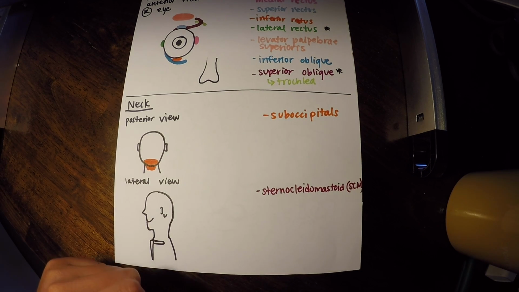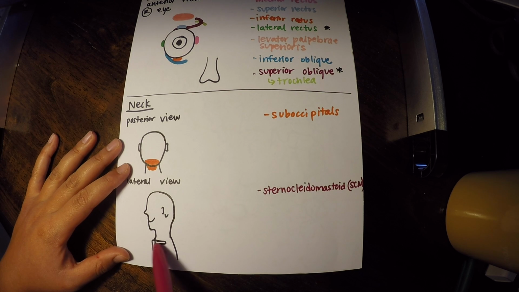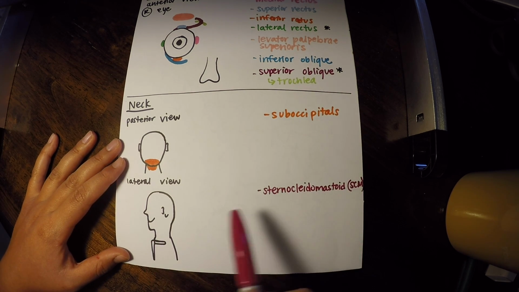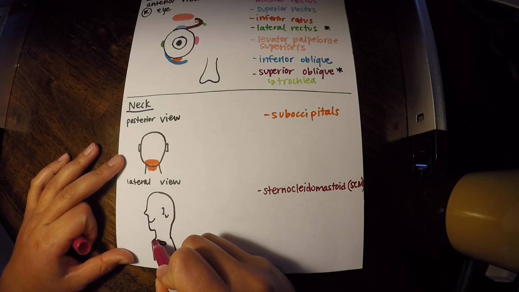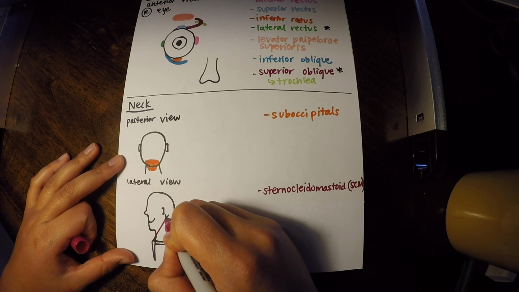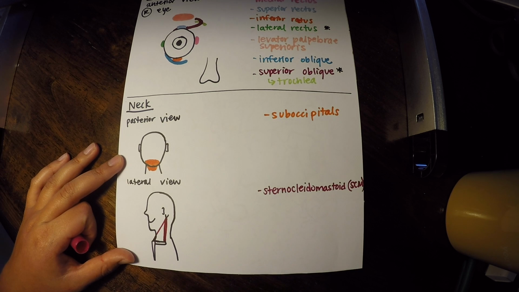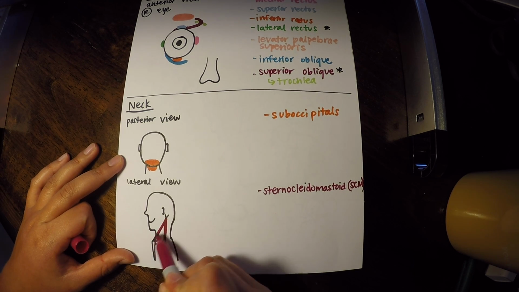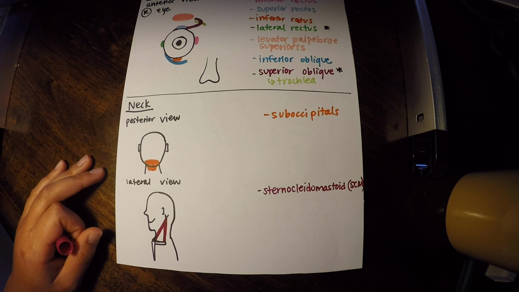It gets its name because sterno refers to sternum, cleido refers to clavicle, and mastoid refers to mastoid process. So you have aspects that attach from the sternum up to the mastoid process and from the clavicle up to the mastoid process. So it's like a two-part muscle with two different heads. One comes from the sternum up to the mastoid process, one comes from the clavicle up to the mastoid process.